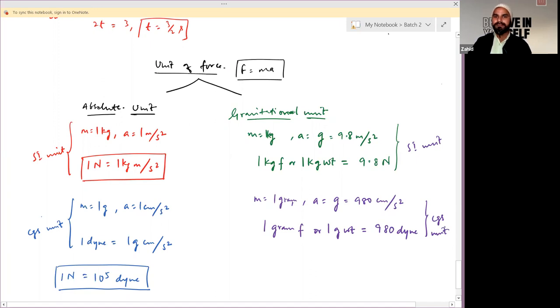Is it clear? So these are some units of force.